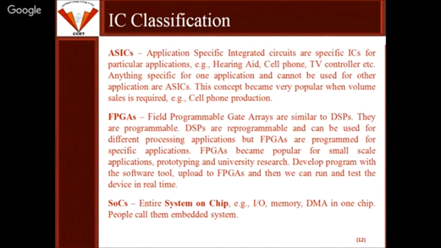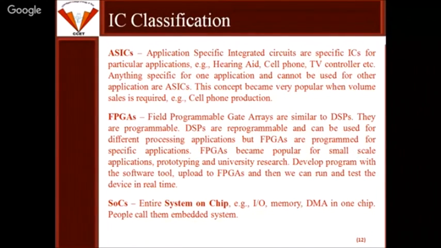One is ASICs, application specific integrated circuits, and these are basically created for some specific applications. If we have to make a toy car or some smaller robots, then we have to go for such kinds of ICs.